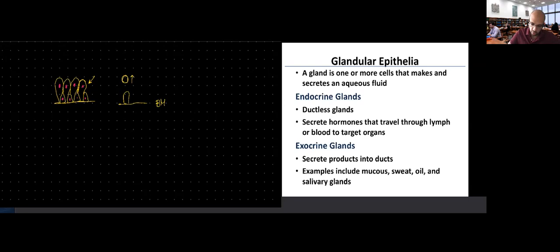So if you remember, the epithelium is avascular. I don't have blood vessels. And I need to be supported by the connective tissues that allows the diffusion of fluid carrying the oxygen and nutrients.